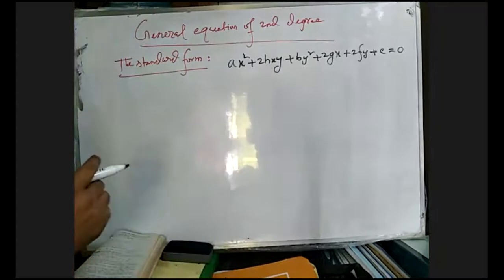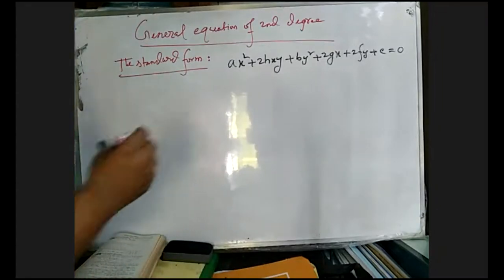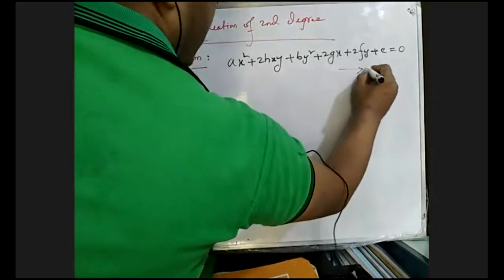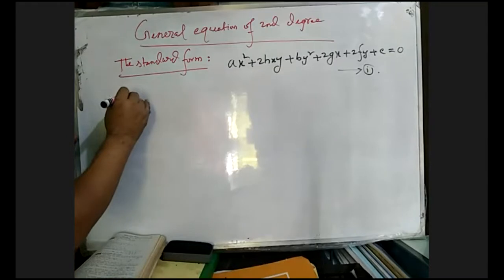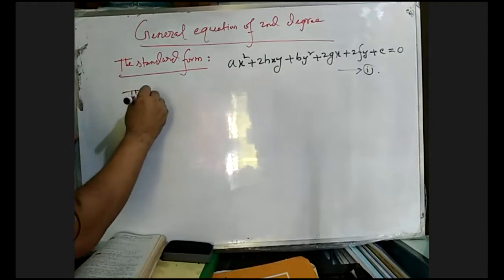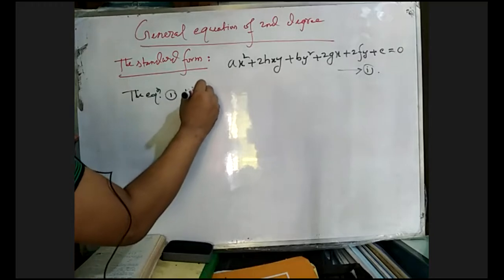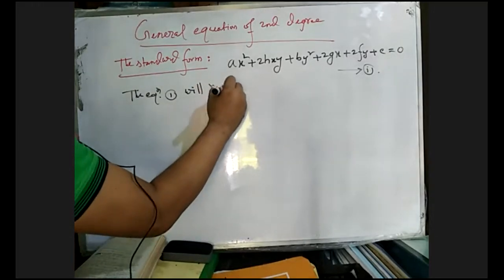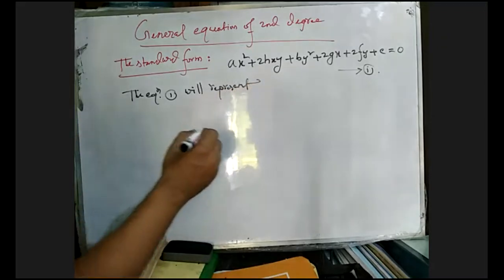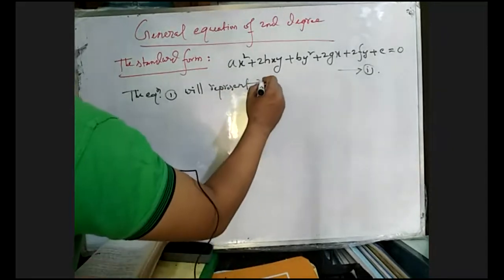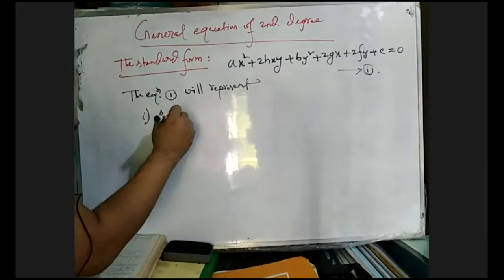This is the general equation of second degree, and this is equation 1. The equation 1 will represent a pair of straight lines.